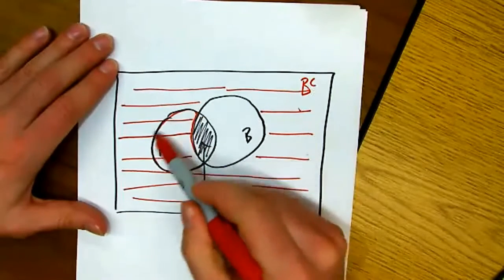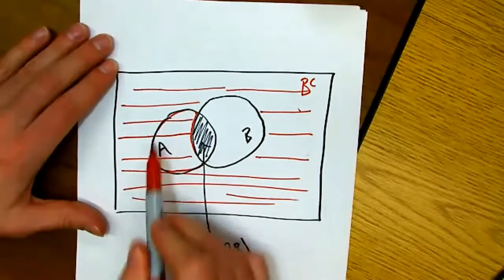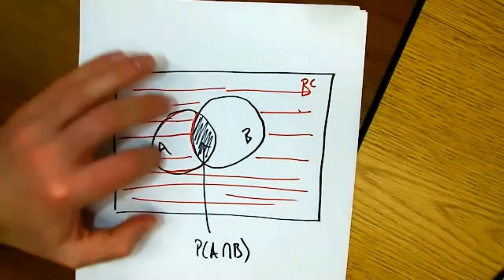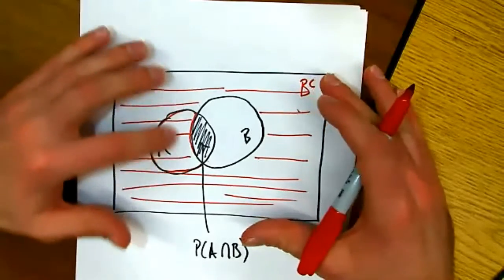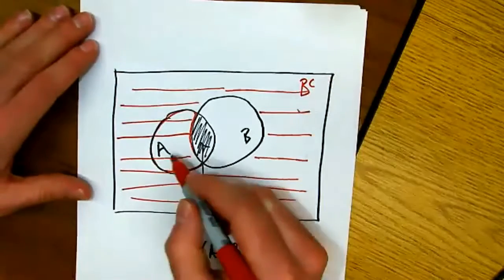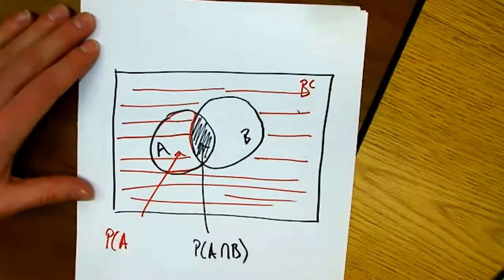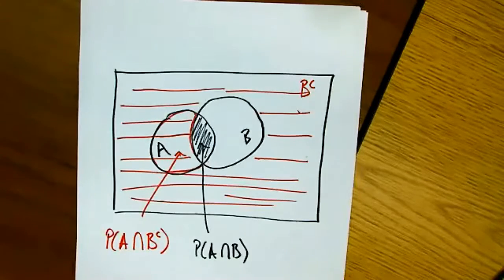Well, that's everything that's in circle A and not in circle B, right? It's where circle A overlaps with this shaded red area, which represents not being in B, or B complement. So this crescent moon is the probability that I'm in circle A and I'm not in circle B, or in B complement, okay?